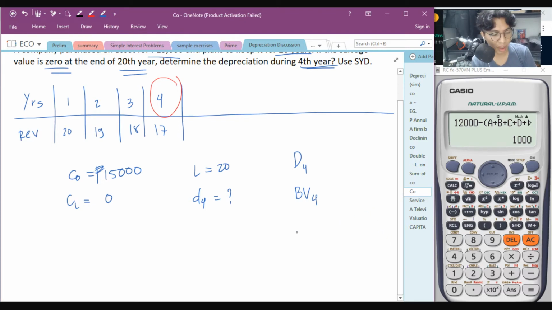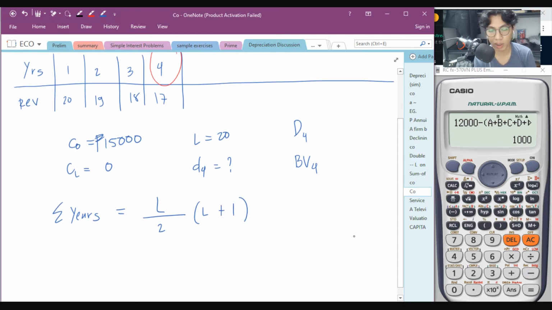So, how do we get the sum of all the years? We have a formula for that: the useful life divided by 2, multiplied by the useful life plus 1. Not 20 plus 19 plus 18 plus 17, that's long. So 20 over 2, multiplied by 20 plus 1.